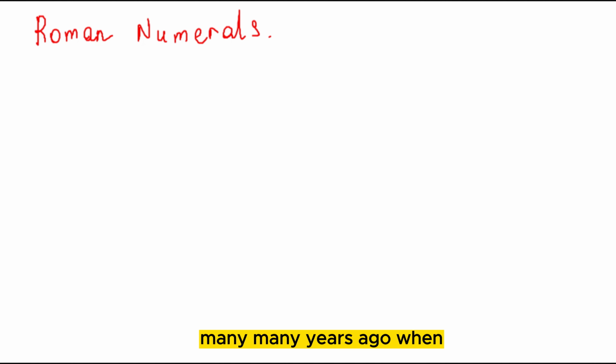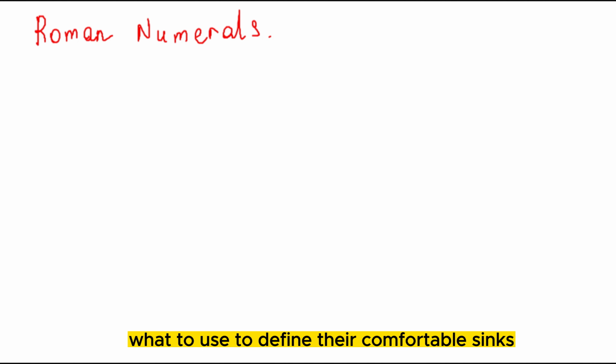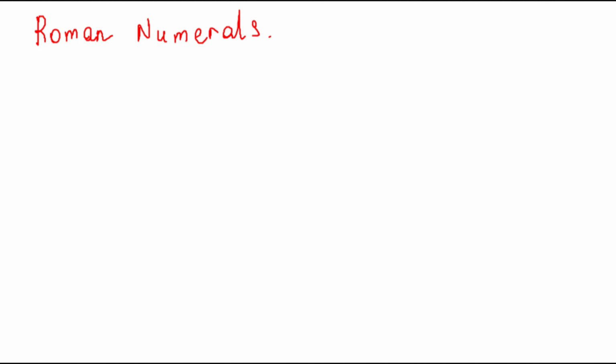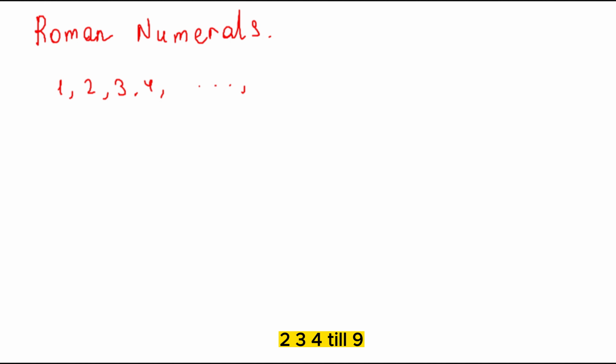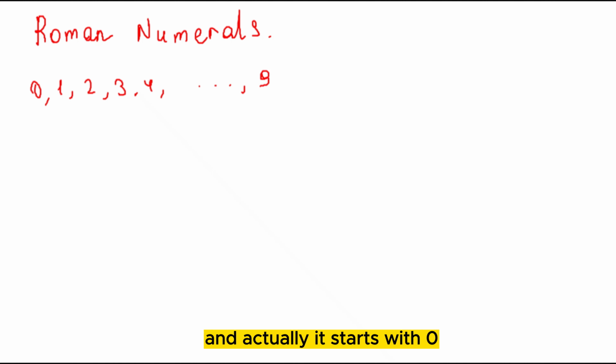Many years ago, when people started to count things, they thought about what to use to define the countable things. As we know today, we have modern numerals like 1, 2, 3, 4 till 9, and actually it starts with 0.